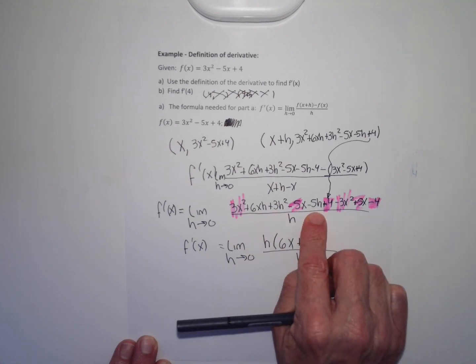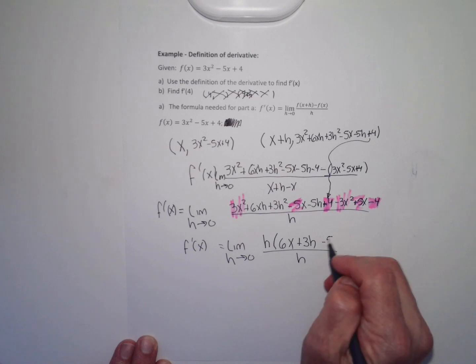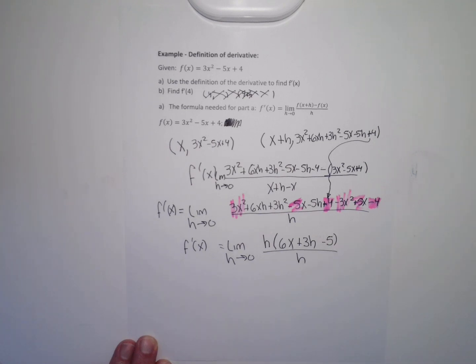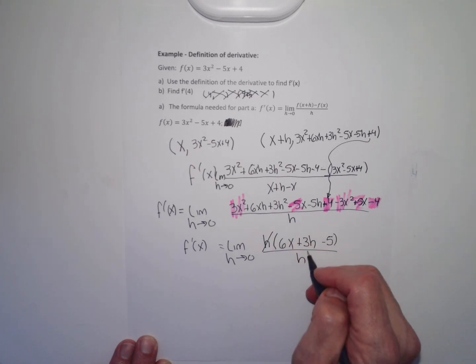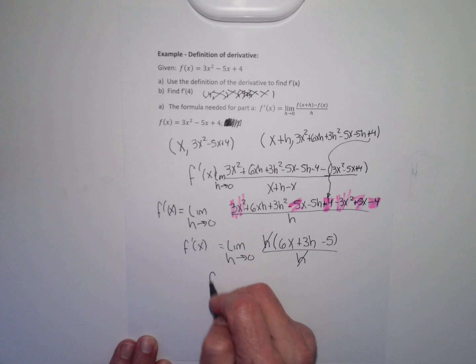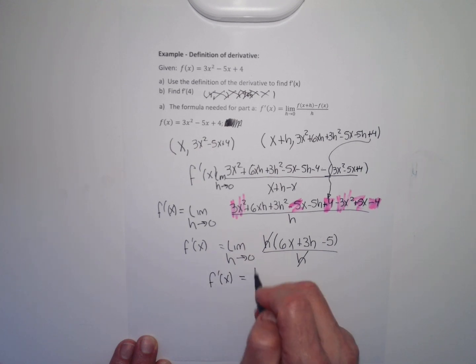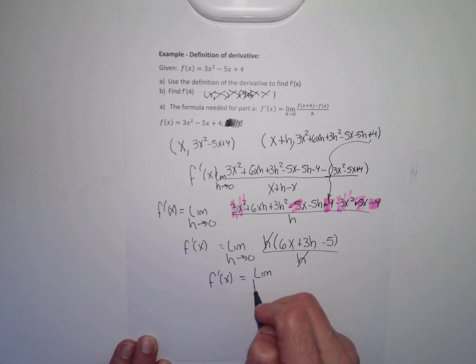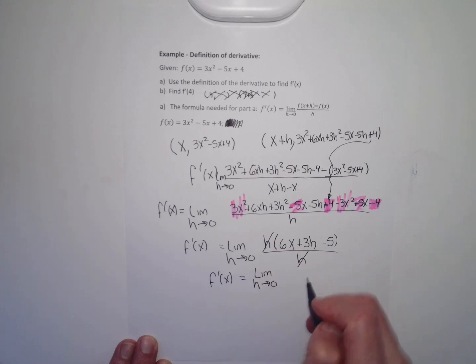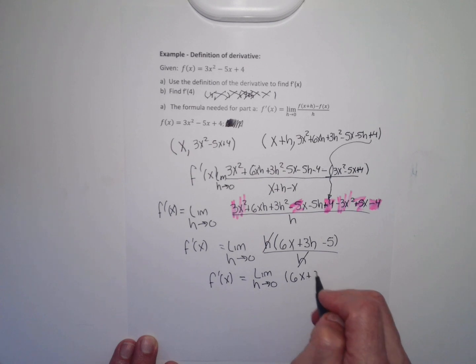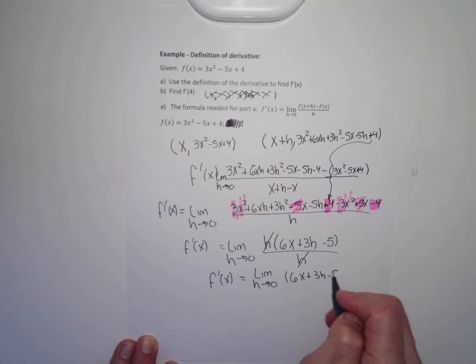And the minus 5h becomes a minus 5. Now I'm going to cross out that h and cross out that h and get f prime of x, or the derivative of f of x, or the formula for the slope of the tangent line, or the formula for the instantaneous rate of change, is 6x plus 3h minus 5.